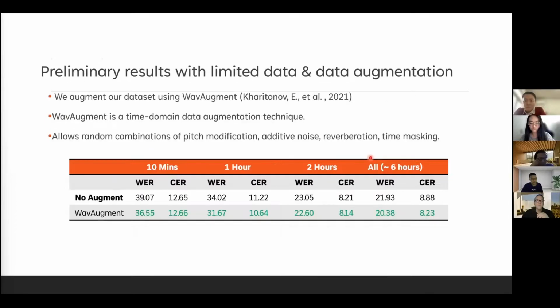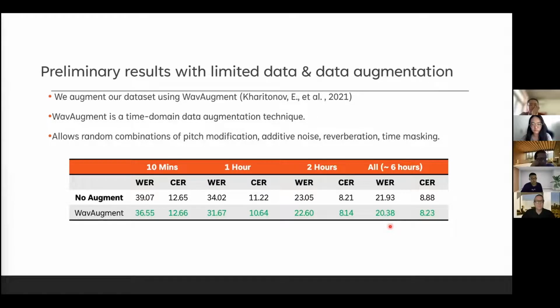And further, we also augment our Māori speech data set with the wave augmentation we just discussed. It presents some combination of pitch modification, noise, and other effects. With data augmentation, it indeed improved the performance in limited data situations as well as in the full data, which is around 6 hours.